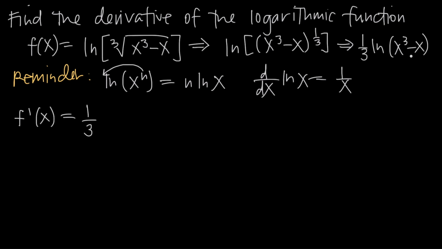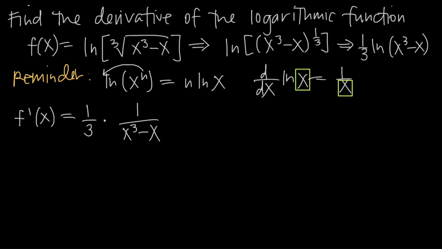Well, we know that the derivative of natural log of x is 1 divided by x. So if we just take the derivative of natural log of x cubed minus x, we can say that derivative is 1 divided by x cubed minus x, because really what we're saying here is that this value inside of the natural log function goes to the denominator, where the numerator here is 1.